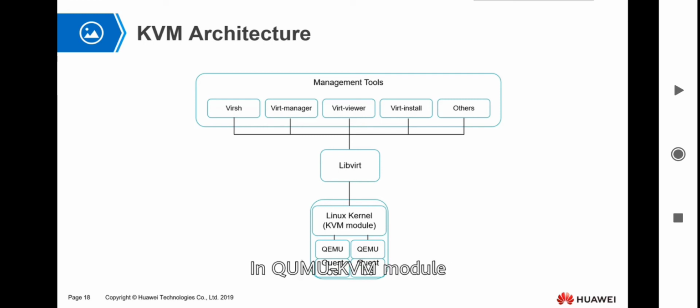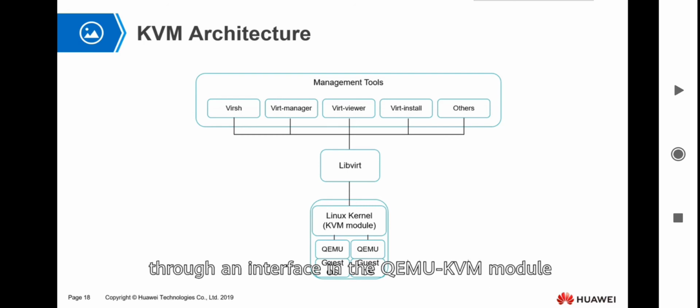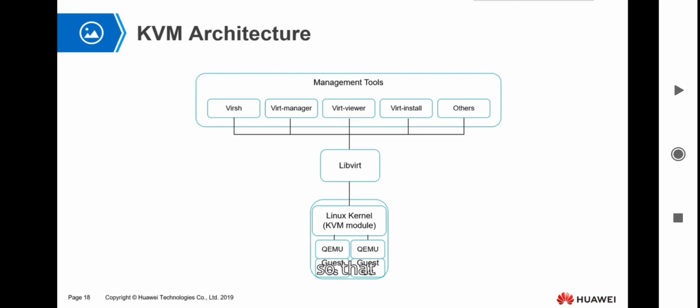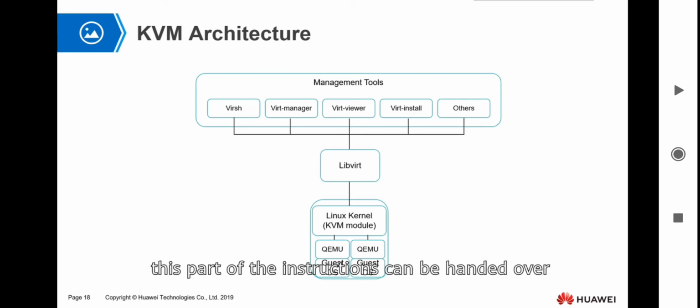In the QEMU-KVM module, KVM runs in kernel space, and QEMU runs in user space. When the guest OS issues an instruction, all the CPU and memory-related instructions will call the interface provided by the KVM module through an interface in the QEMU-KVM module, so that this part of the instructions can be handed over to the kernel module for processing.